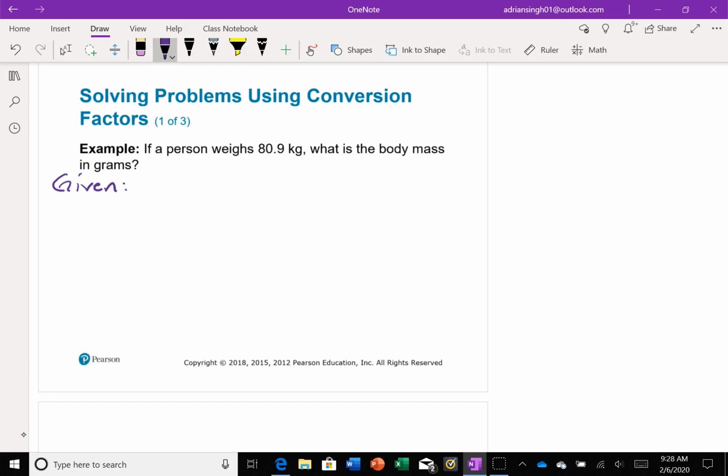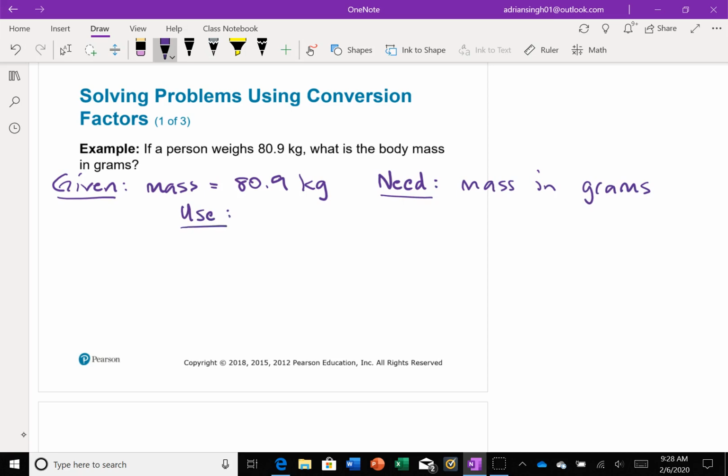Okay, so we're given the person's mass being equal to 80.9 kilograms. We need the mass in grams. So what can we use to get there?